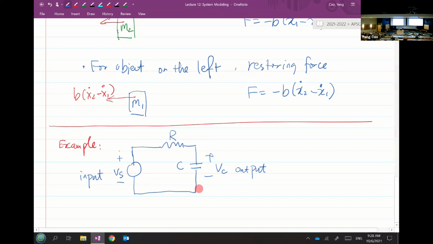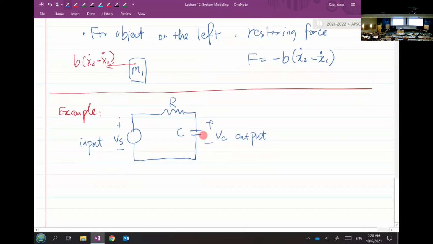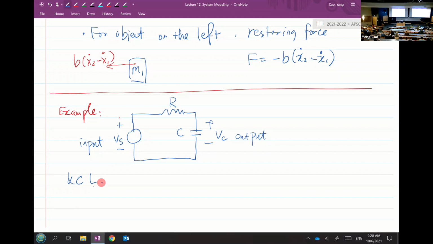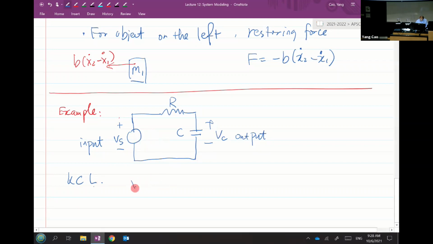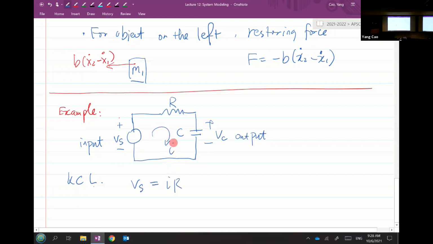Okay, so let's make use of what we learned for each one of the components, and the law we're going to use here is the Kirchhoff current law. Well, yeah, a voltage law. It doesn't really matter. Okay. So the Vs, right, should be the same if this is a current I here. So the Vs should be the same as the current across R and C.